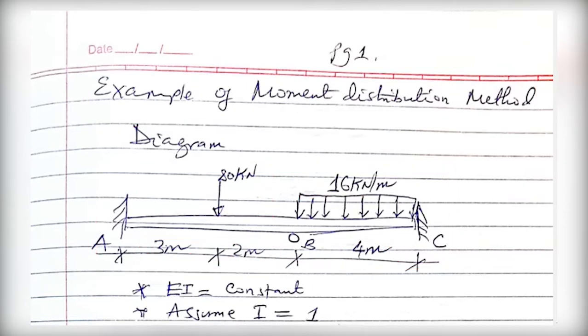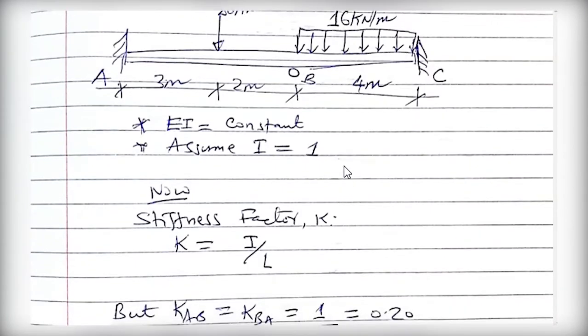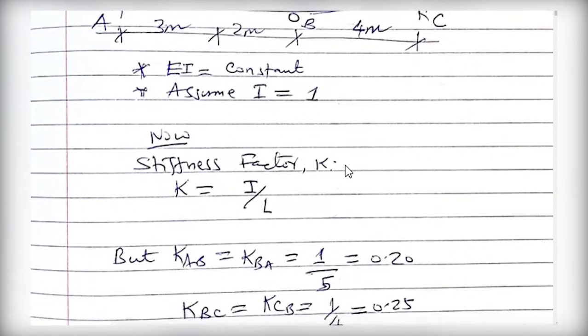Now on loading we assume EI as a constant. Also we assume I as a unit factor. Now let's consider the moment distribution method as follows.